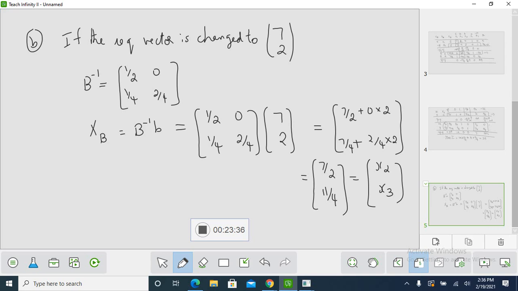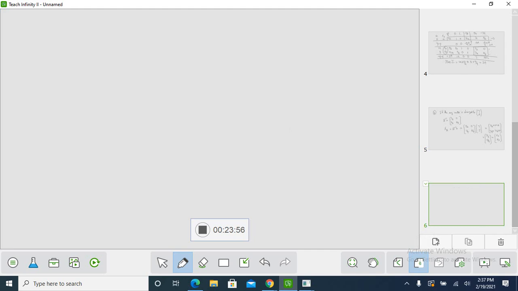Okay, so now what we did, we took the columns corresponding to the basis vector, that is S1 and R1, the initial basis. Then we wrote our B inverse. We found B inverse into the new b value. Since all xi are greater than or equal to 0, the solution is feasible.